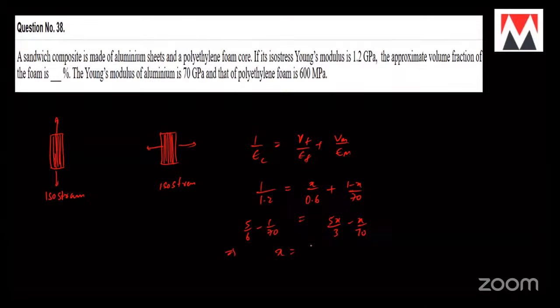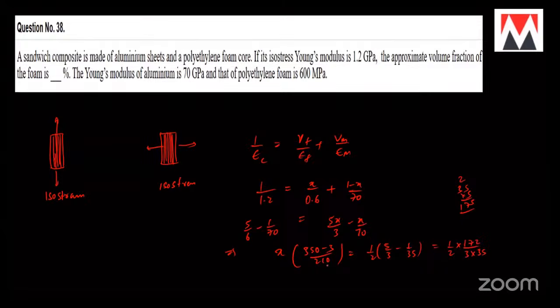Please solve this. X, you are getting what? X into 5 by 3 minus 1 by 35. So it is 35 fives, 175 minus 3, 172 by 3 into 35.